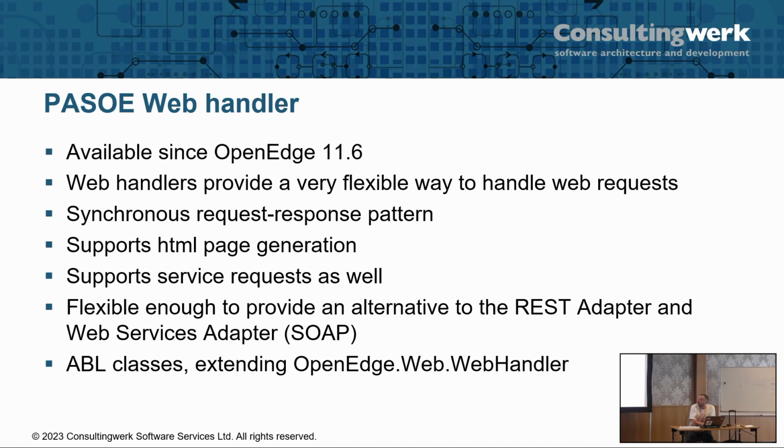It would support HTML page generation as it is the modern version of WebSpeed. And it supports service requests as well. And it's flexible enough, as said, to provide an alternative to the REST adapter and the SOAP adapter. So they are ABL classes, and they are extending the OpenEdge.Web handler.